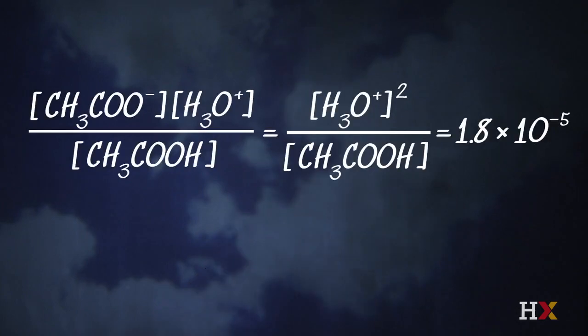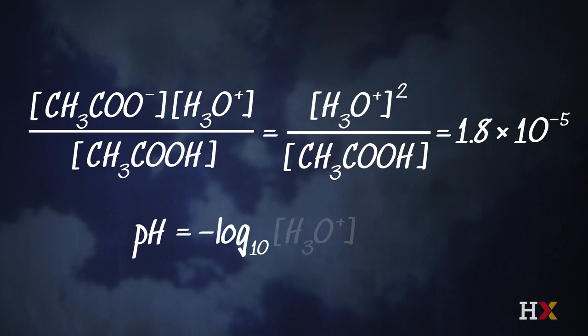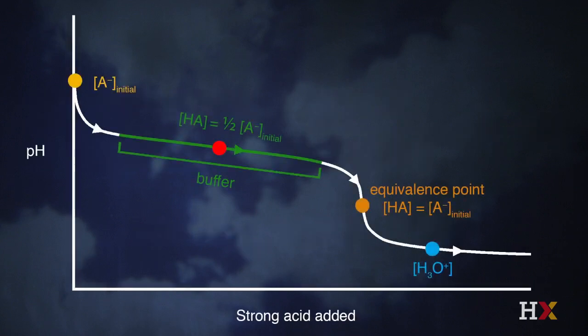That allows us then to calculate the pH, and when we put in the appropriate numbers, we determine that the pH of this solution is equal to minus log to the base 10 of H3O plus, and that pH is equal to 2.87. That's the pH at the equivalence point right here. That's the key transition point.